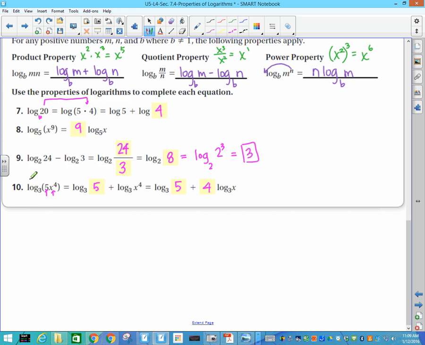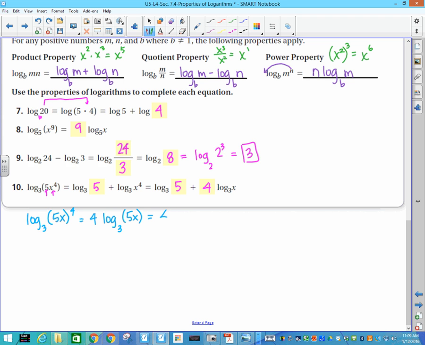Okay? And just to contrast this, you could have a different problem, and some people are like, why can't I take that 4 down front first? If it looked like this, 5x to the fourth, then you would bring the 4 down first because it applies to the whole argument, is what I call that thing. This thing right here that you're taking the log of is called the argument.